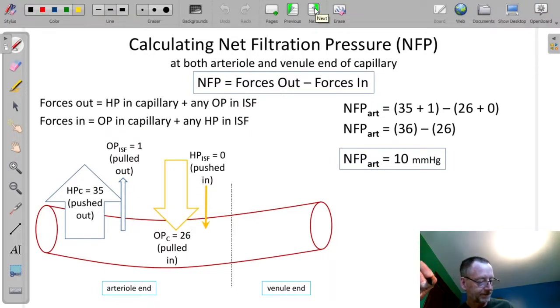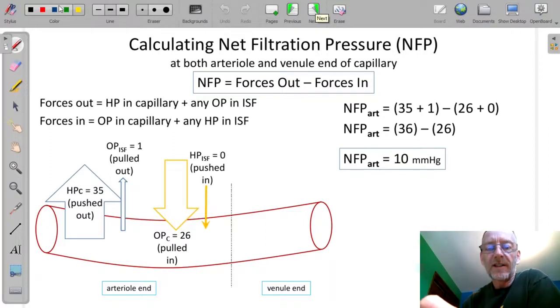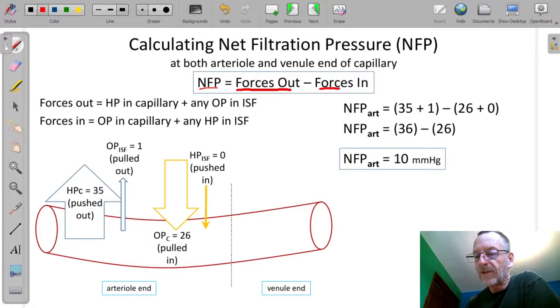Okay. So, same thing that we had on the other slide. Net filtration pressure is the difference between forces out and forces in. So we're going to calculate all the forces out. And so what do we have over here on the right?